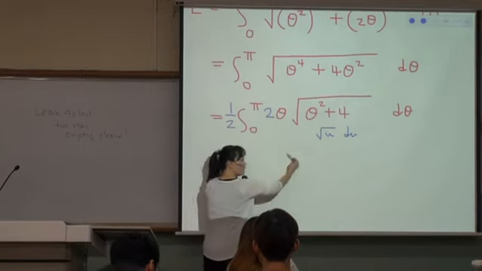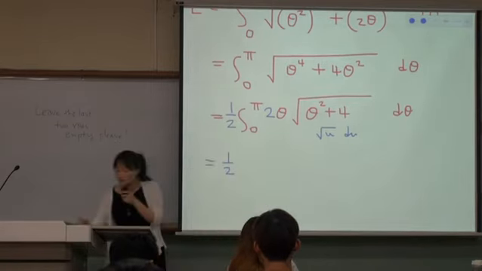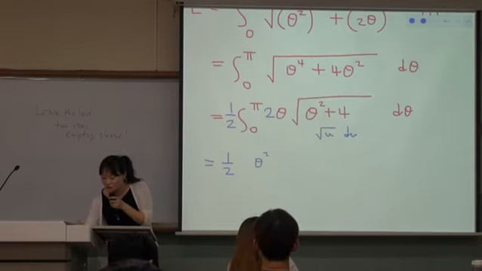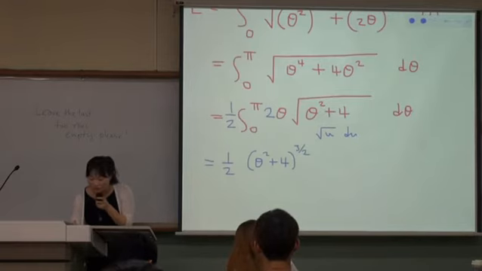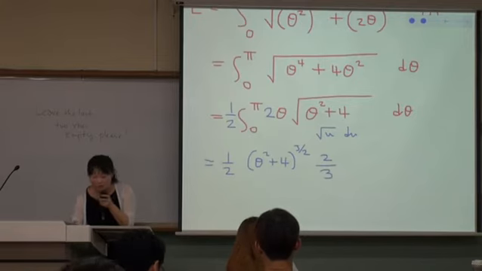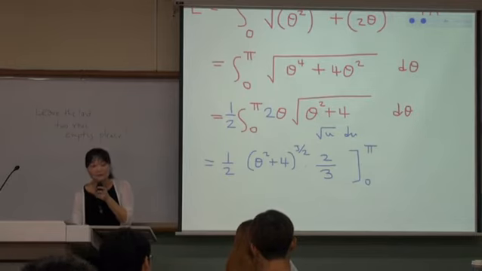U to the 3/2 over 3/2, which is the same as multiplying by 2/3, and then we plug in 0 to pi.